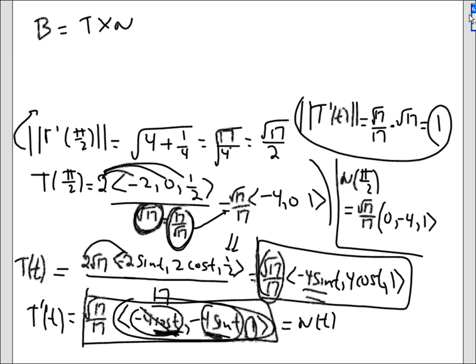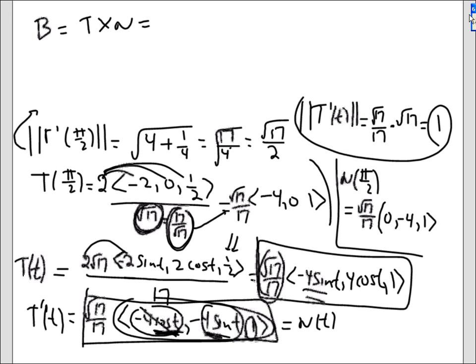That's T. It is the square root of 17 over 17 times negative 4 sine t, 4 cosine t, except that's not what we want. We want it at pi over 2.